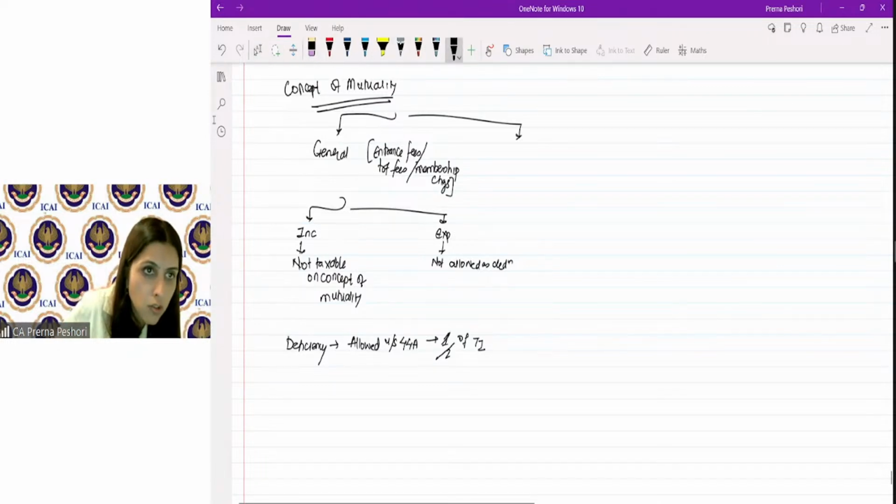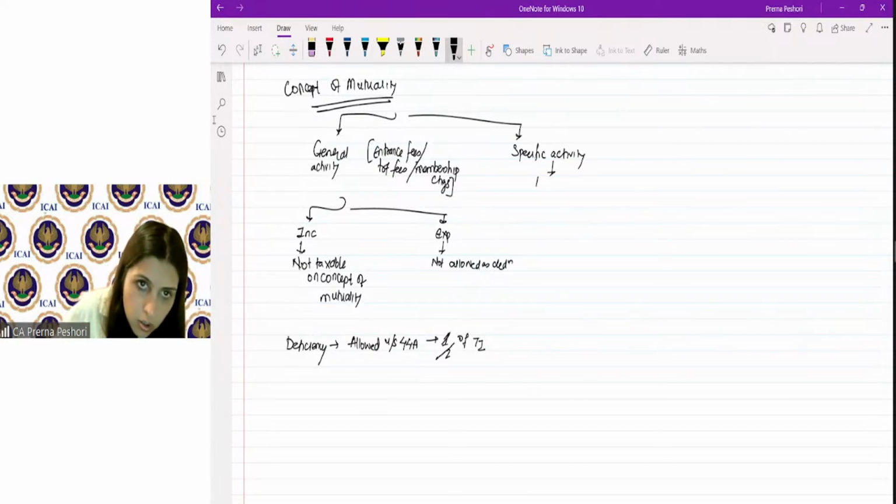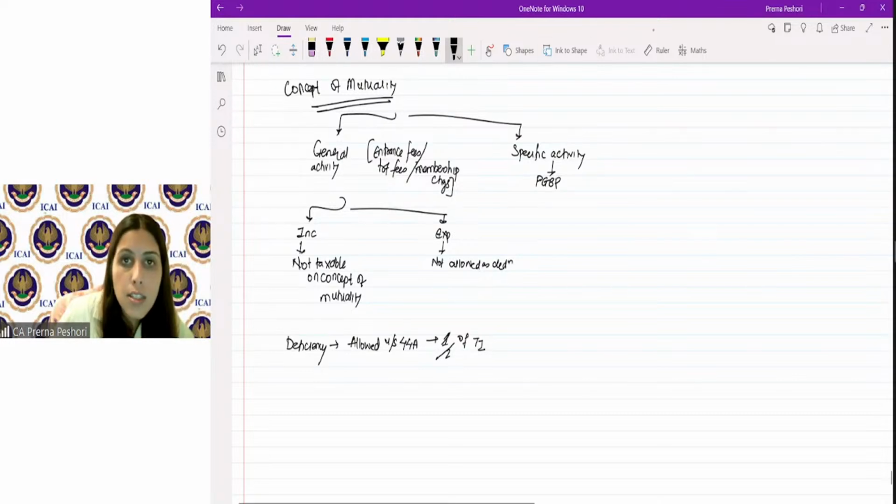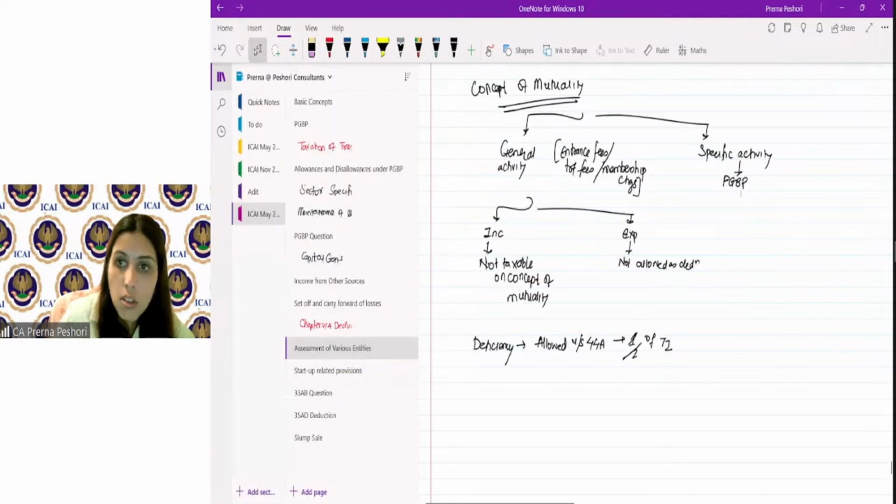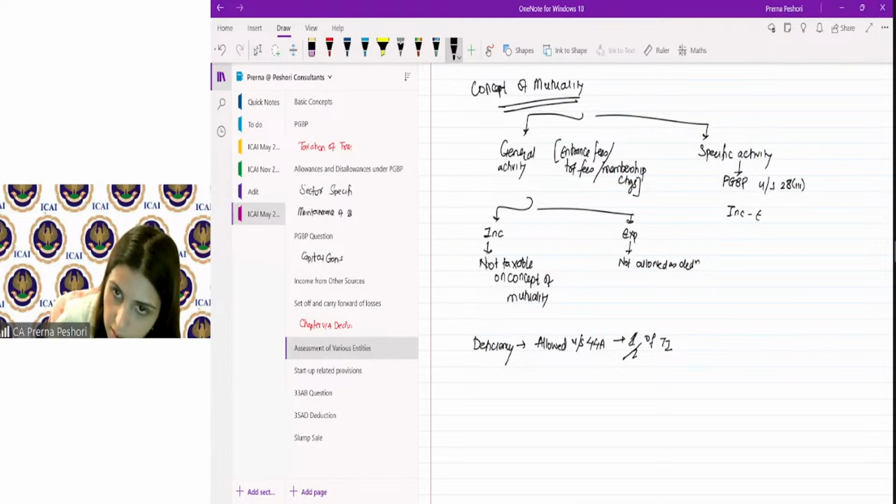You can just write general activity, specific activity. So PGBP. Under which section? Under section 28.3. So under section 28.3. This is income minus the expense.